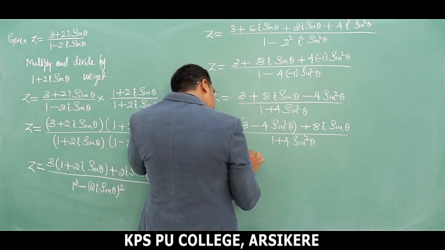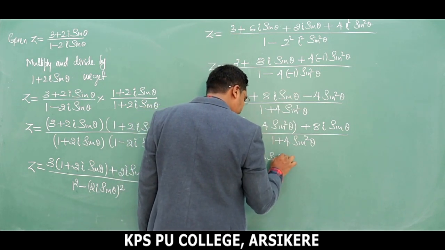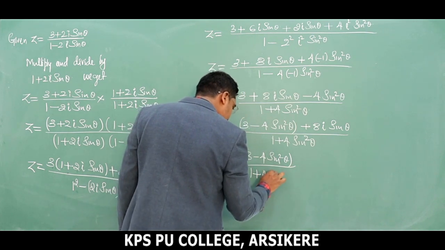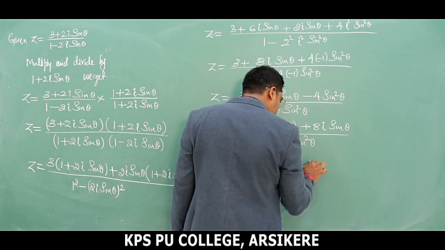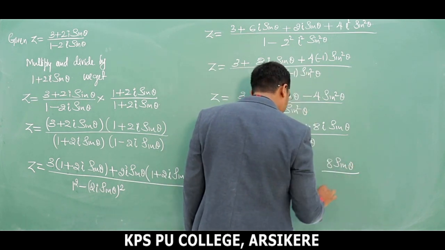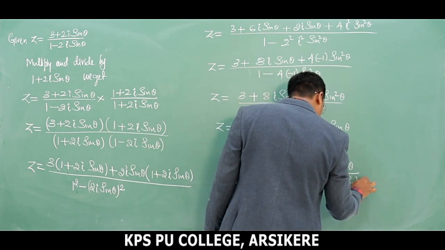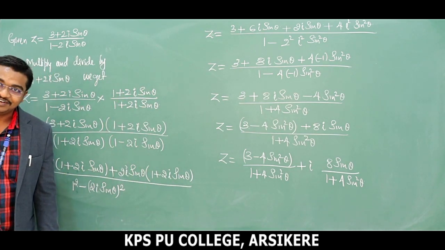Z is equal to 3 minus 4 sin square theta whole divided by 1 plus 4 sin square theta, plus i times of 8 sin theta divided by 1 plus 4 sin square theta.